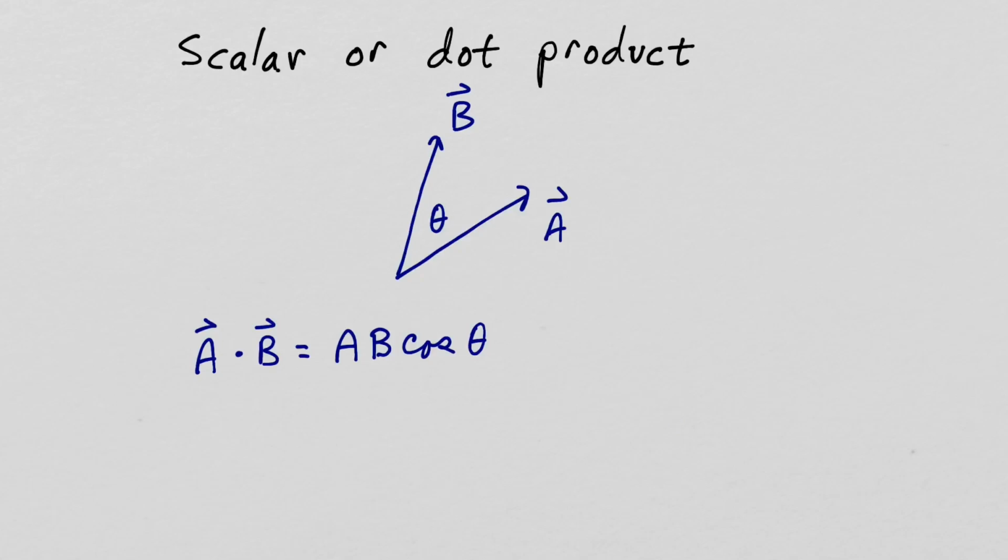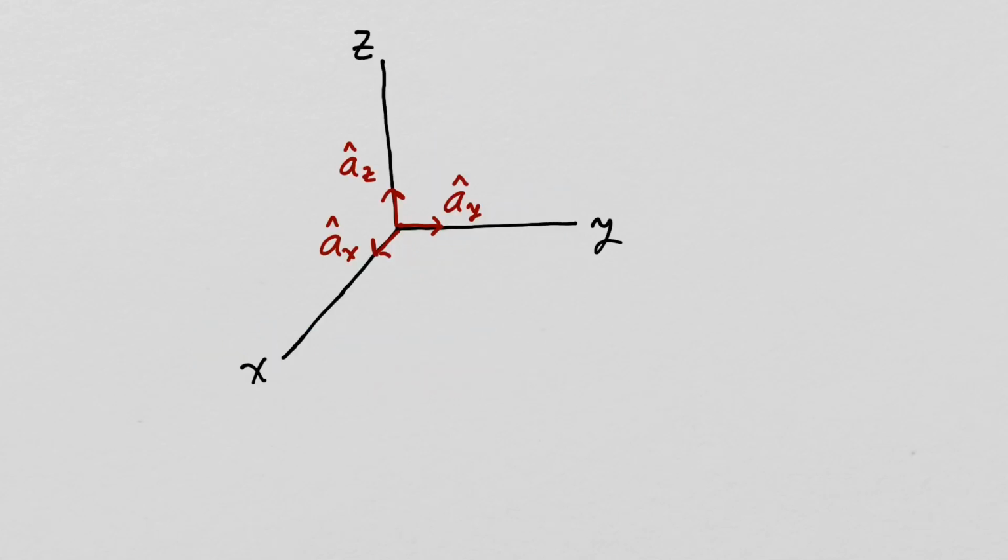It is referred to as the dot product because of the symbol used here, or as the scalar product because the result is a scalar. Let's first look at the dot product between unit vectors in the Cartesian coordinate system.